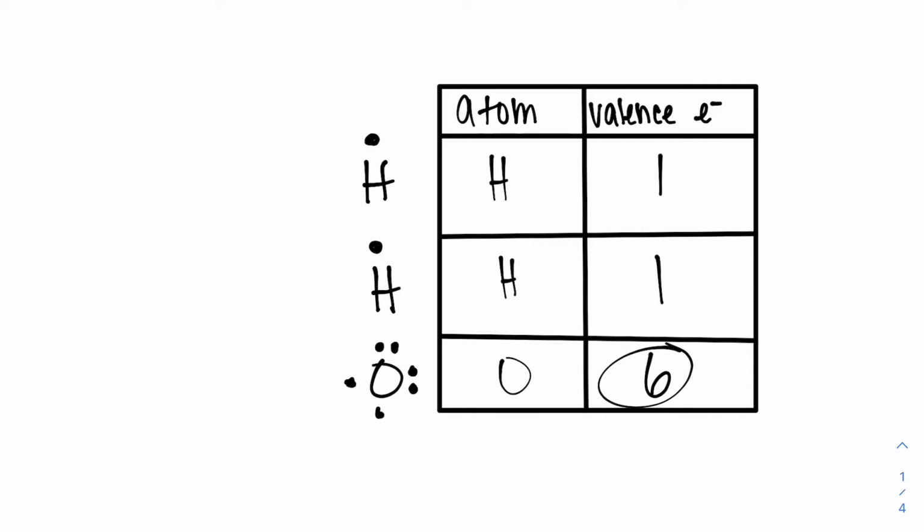So now that we have the valence electrons and Lewis structures drawn for each one of our individual atoms, we can figure out how to arrange them together and form a covalent molecule and covalent bonds where each atom is satisfied and has the proper number of electrons to fill the octet rule, or in hydrogen's world, we're only going to be looking for 2 valence electrons.